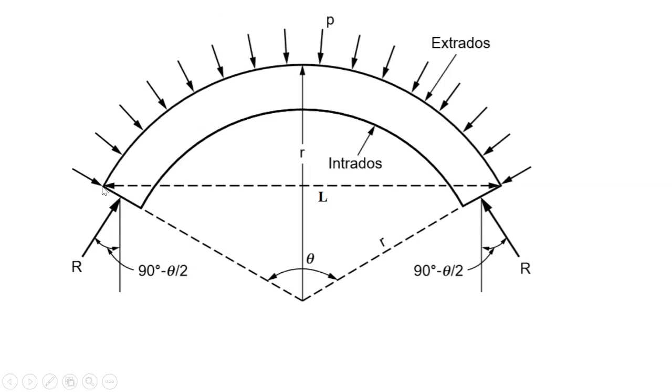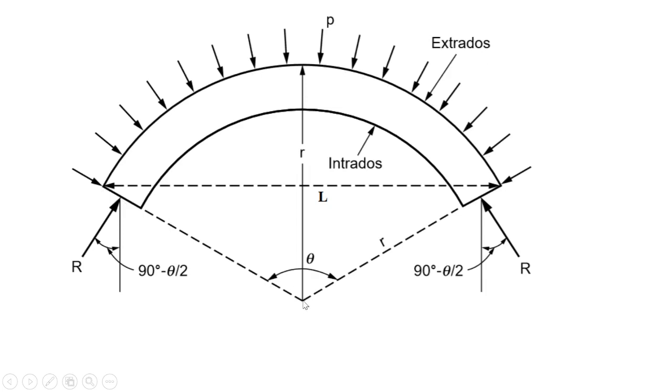You consider the figure of a constant radius arch dam. This is the upstream face and this is the downstream face, where r is the radius to the outer face. Since it is a constant radius arch dam, the radius at all the sections will be equal to the extrados of the arch dam.